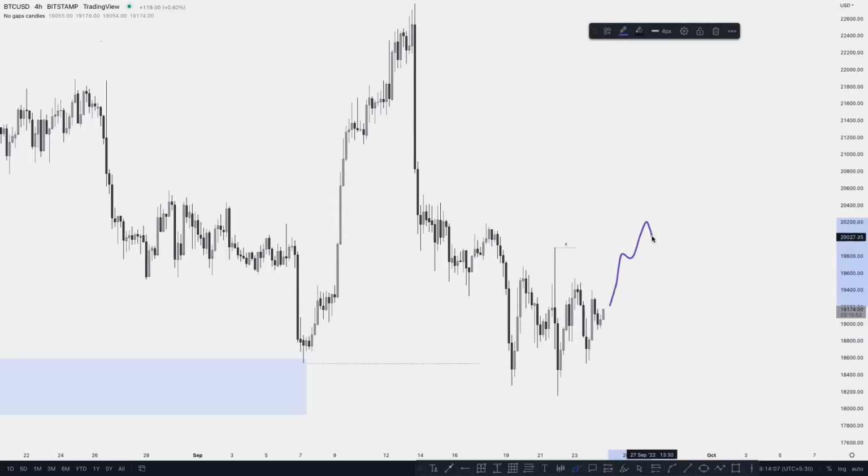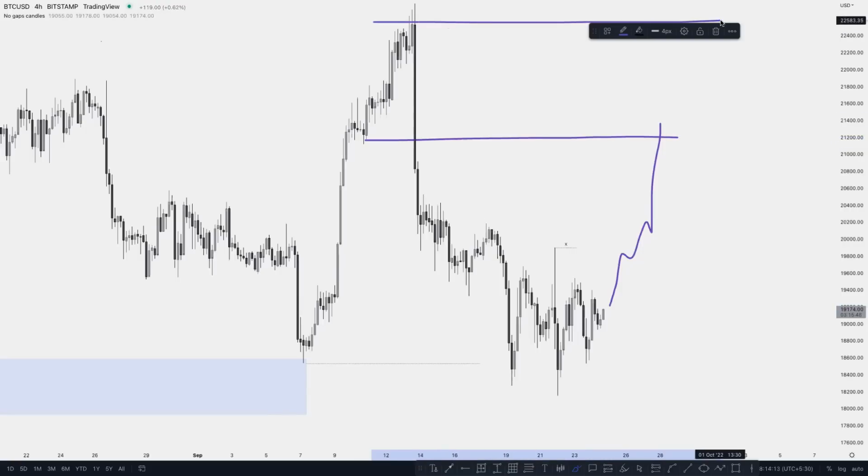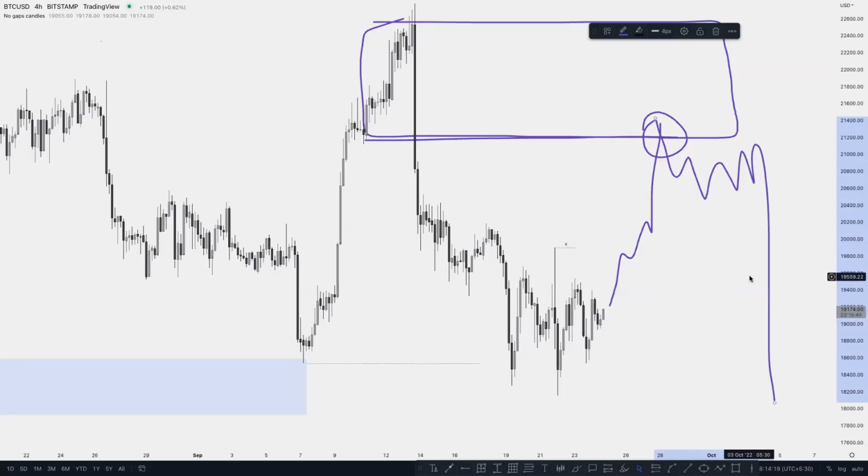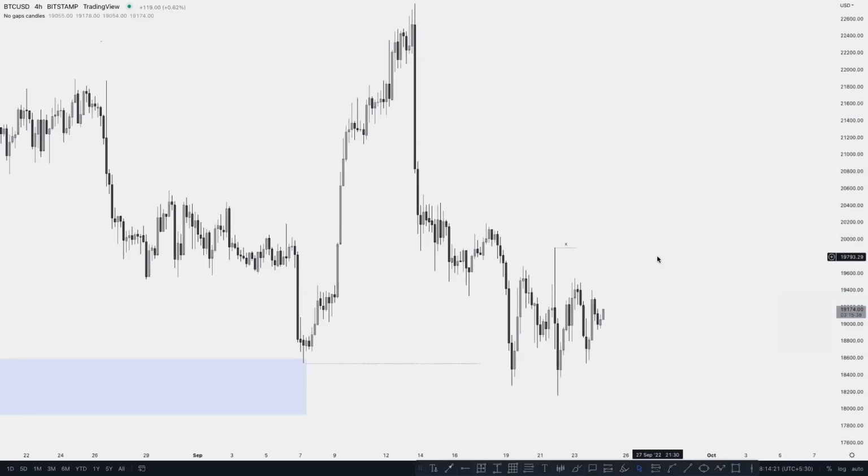And maybe market can go even higher to mitigate this order flow. Which one is here? Right. So we can sell here also. It depends on the situation. It depends on the structure. So this is our 4-hour Bitcoin story.